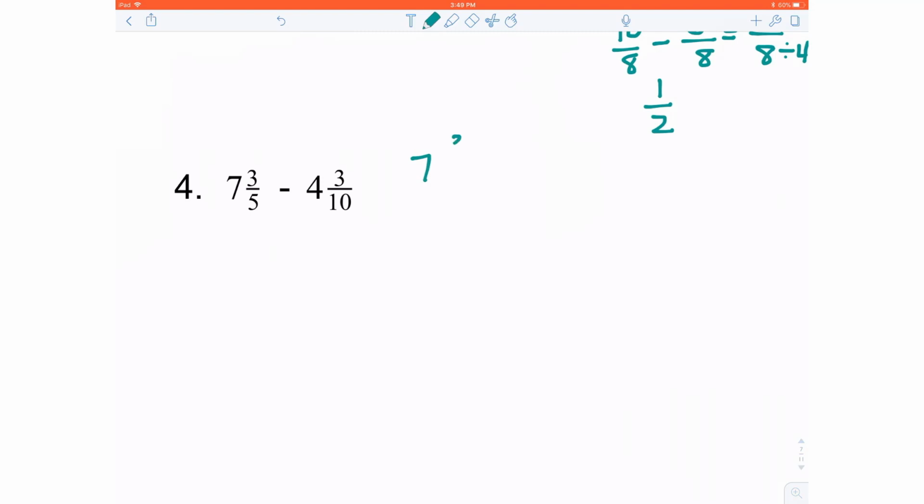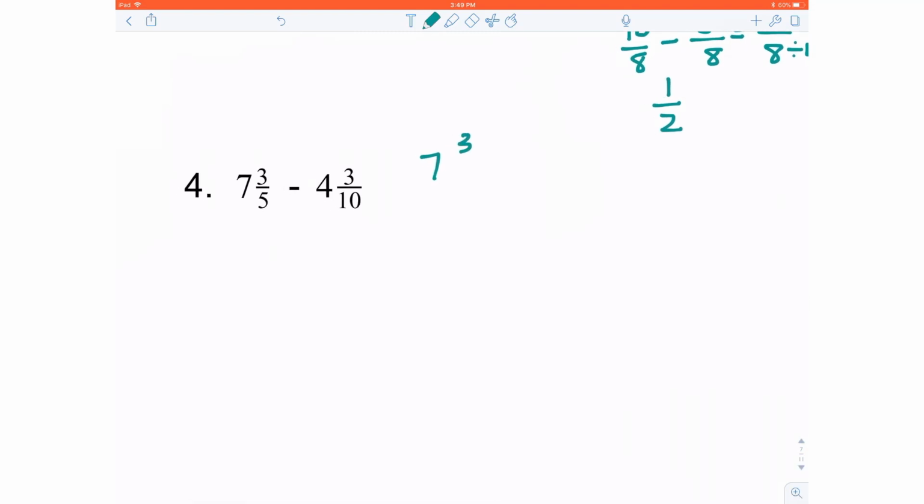So we have 7 3/5 minus 4 3/10. All right, well, let's subtract these. 3/5 minus 3/10. We always start with the fraction.